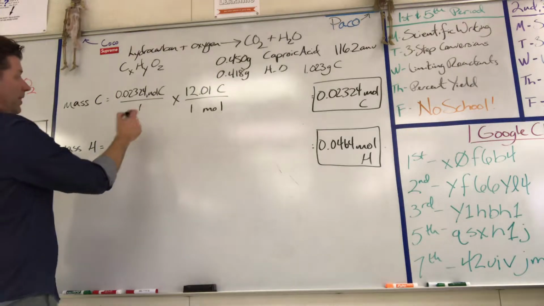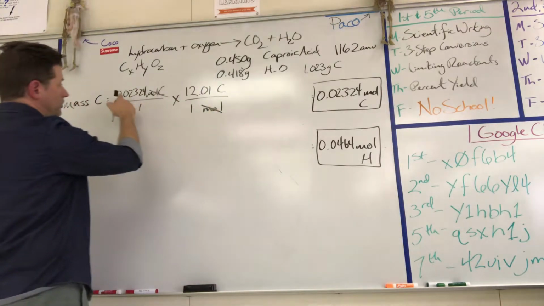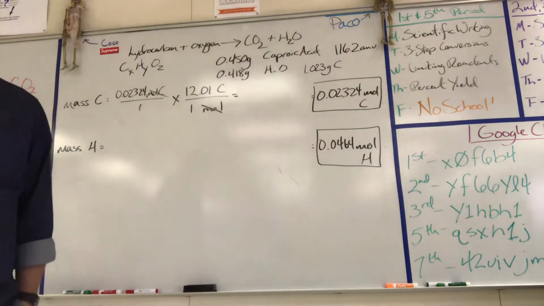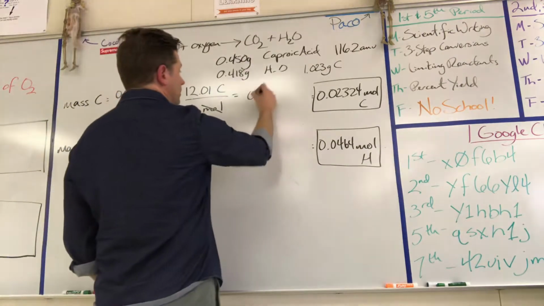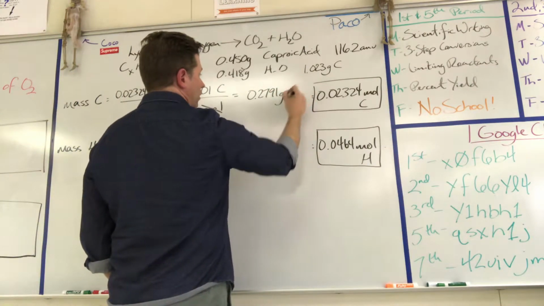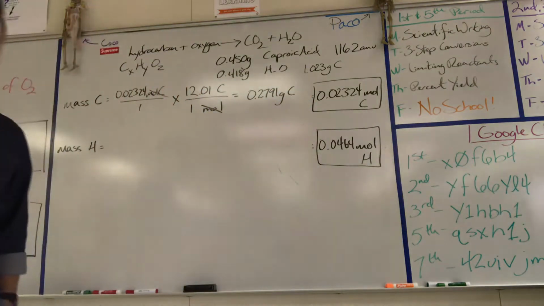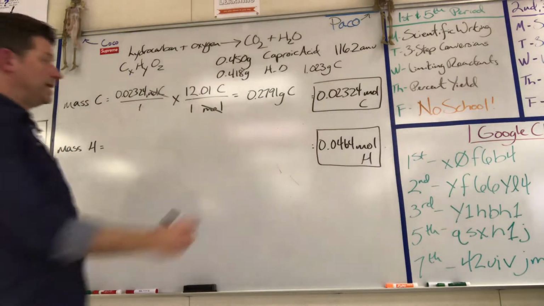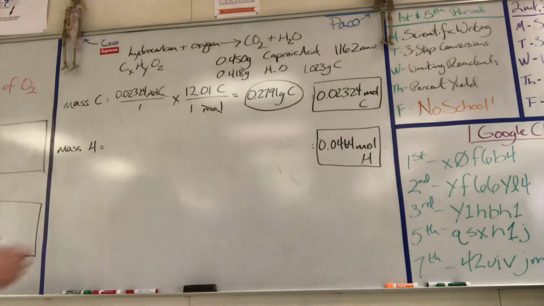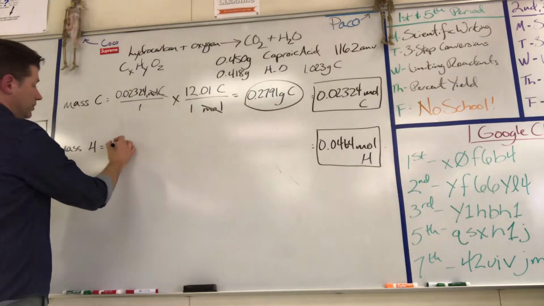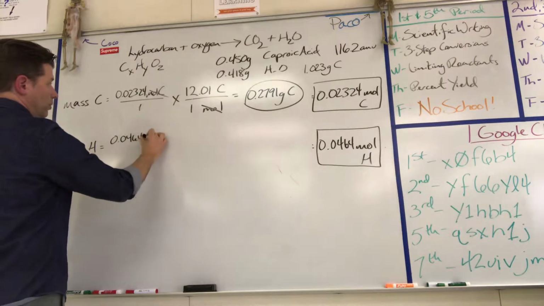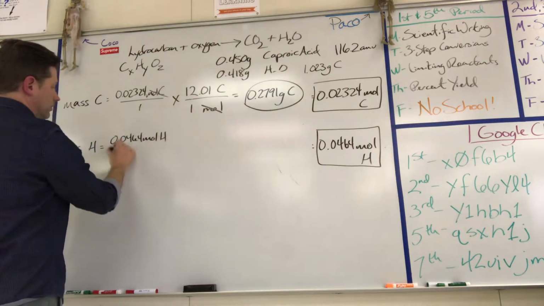And so what I do by that is I get rid of the moles, so I'm just multiplying that number by that number, which gives me 0.2791 grams of carbon. Okay? So that is our grams of carbon. So let's do the same thing with the hydrogen. 0.0464 moles hydrogen over 1.